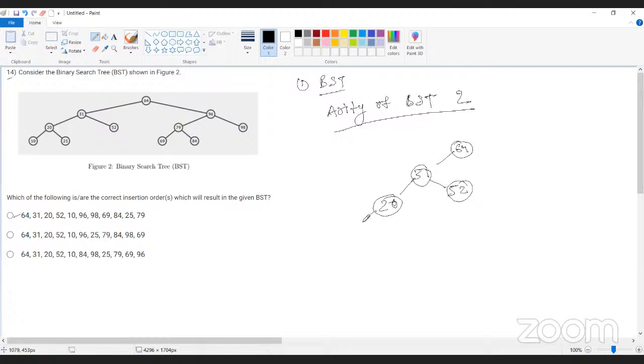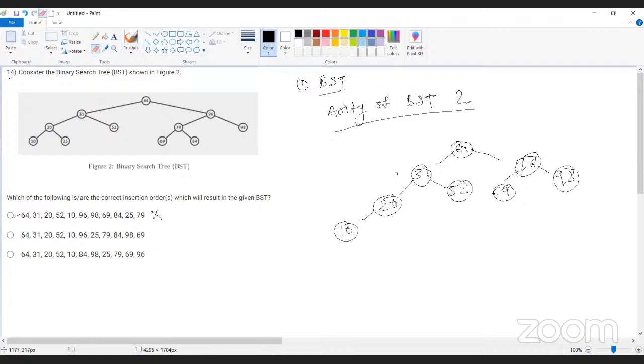Then 10 is less than 20, right? Then 96 is greater than 64. Then 98 is greater than 64 and greater than 96. Then 69 is greater than 64 but less than 96, so it goes to the left. You can see that here is 79 but here is 69. So this is not the correct option. This is the wrong option, right?